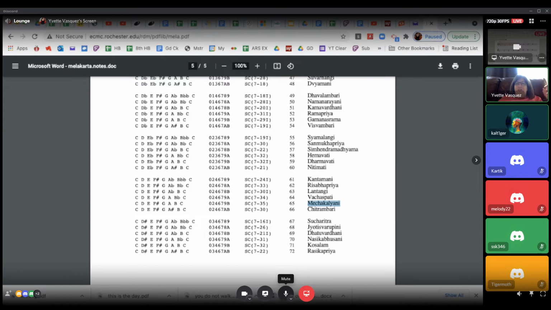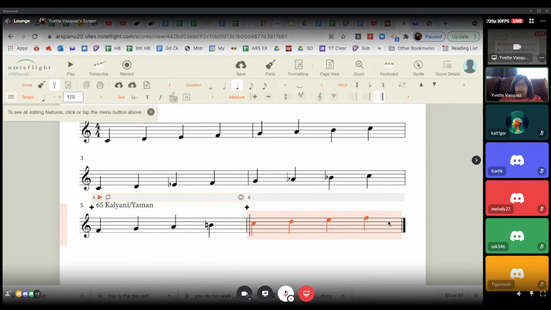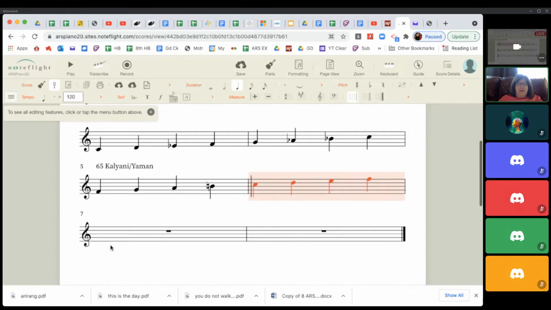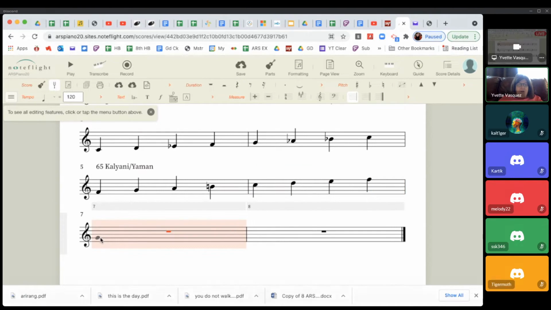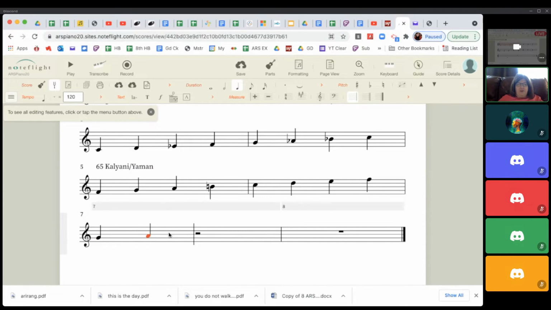Let me ask if you know what this one is, because this would be the next most important scale that we would use moving forward. I need to add a measure and move this down. Let's look at this scale. I'm going to make this into a major scale.